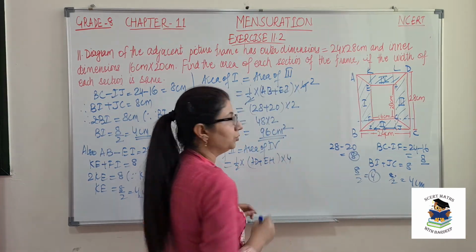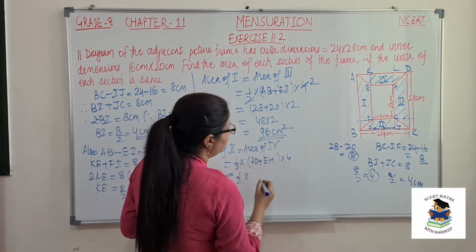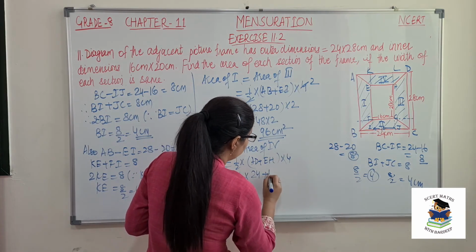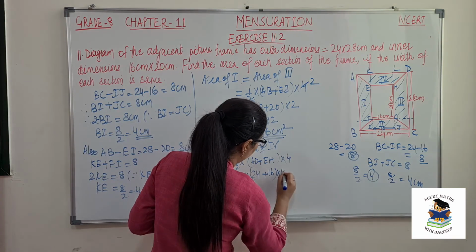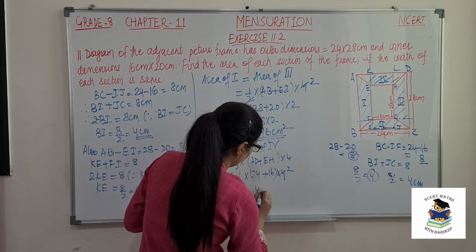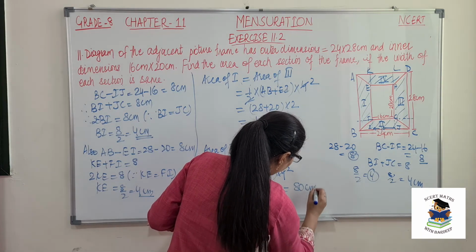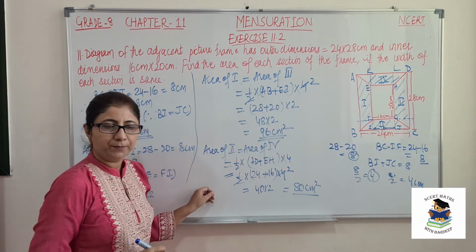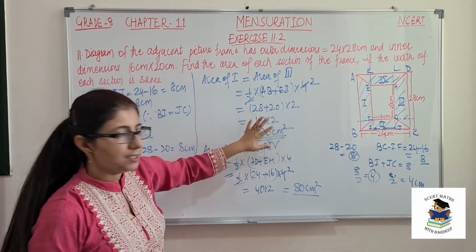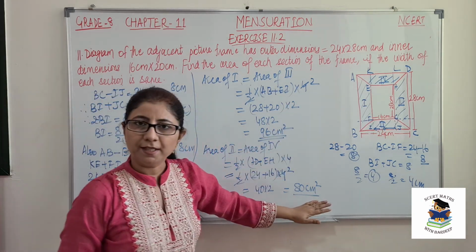So this is again into 4. So half into AD is 24 and EH is 16, into 4. So you can cancel this. 24 plus 16 is 40, that is 40 into 2. So this is equal to 80 centimeter square. So area of 1 and 3 are separately 96 centimeter square, and area of 2 and 4 is 80 centimeter square.